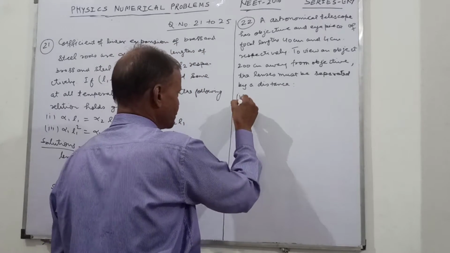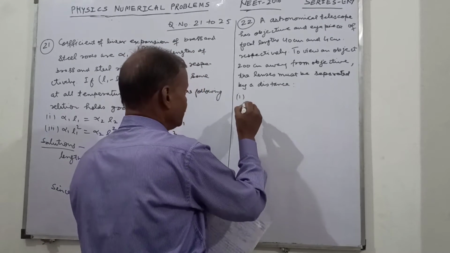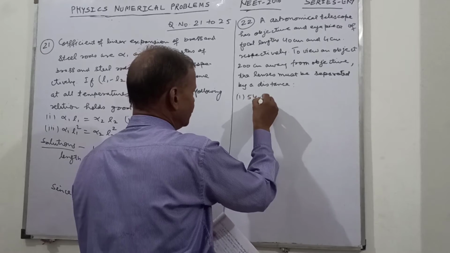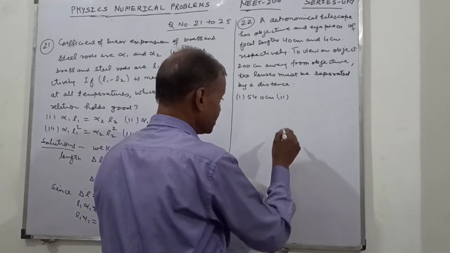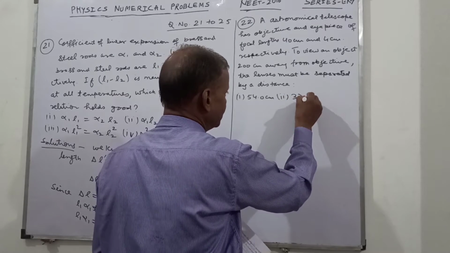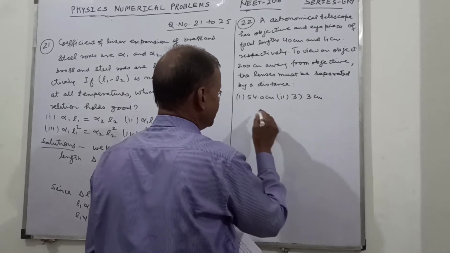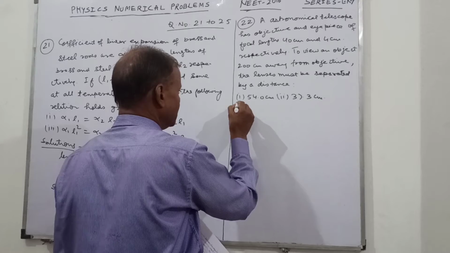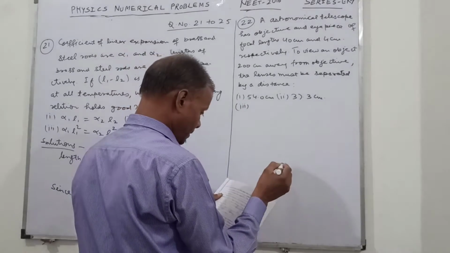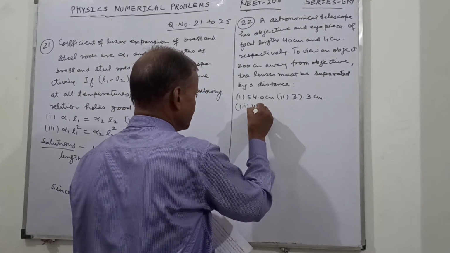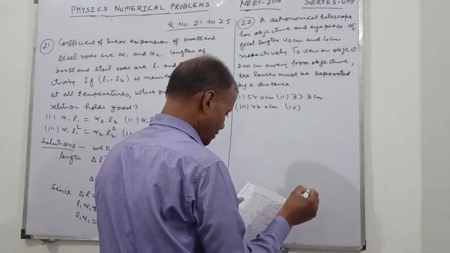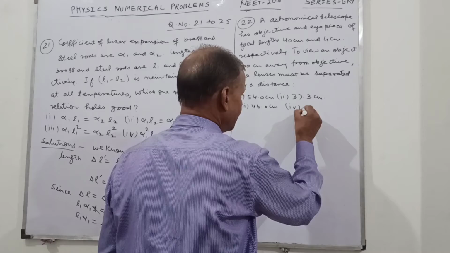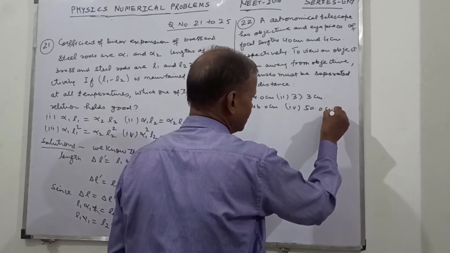Options are: first is 54.0 centimeter, second is 37.3 centimeter, third option is 46.0 centimeter, and fourth is 50.0 centimeter.